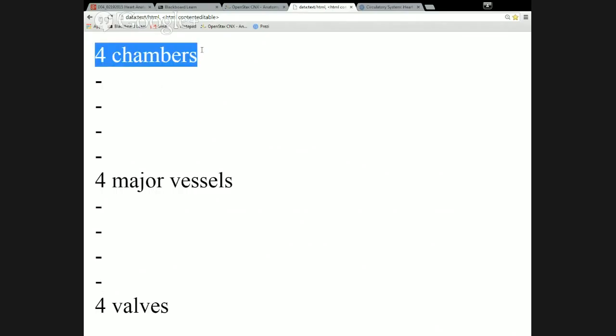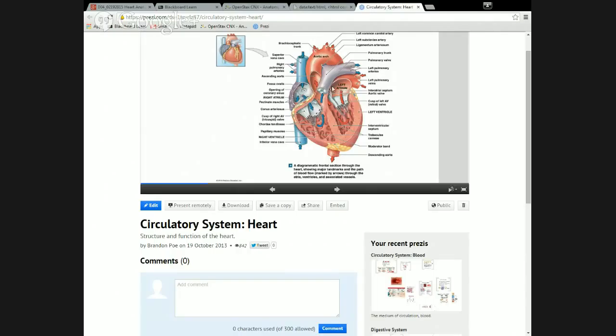So first off, there are 4 chambers. They are 2 on the right, 2 on the left, 2 superior and 2 inferior. The superior ones, let me go back to this picture here, are called atria, atrium being singular. And then the inferior ones are called ventricles.